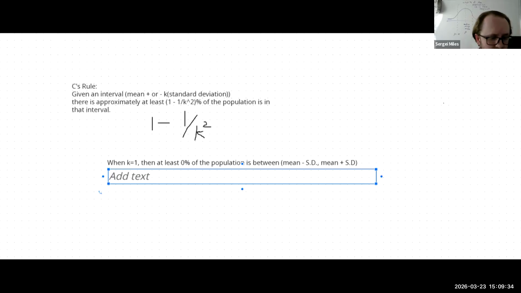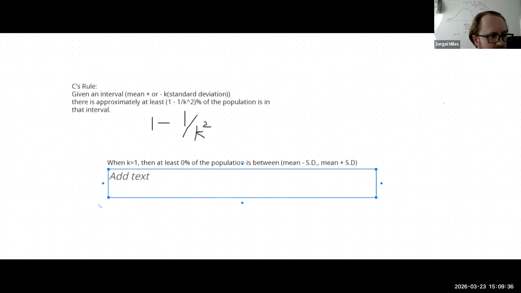Population is between, so we're looking at this interval, which is the average minus 2 times the standard deviation. That'd be 2 standard deviations below, up to the average plus 2 standard deviations above the average.